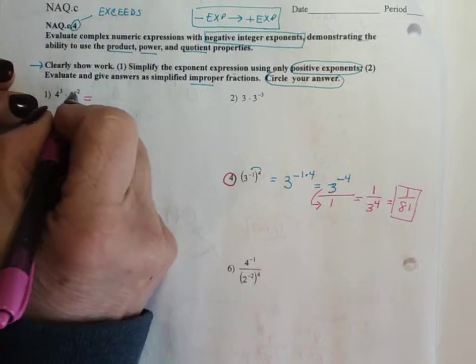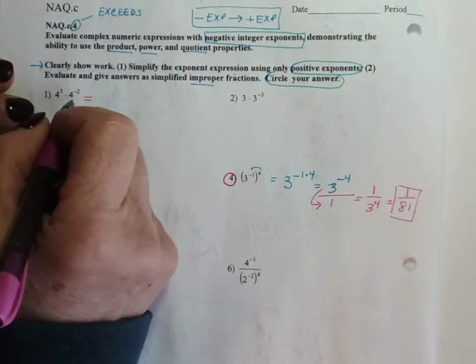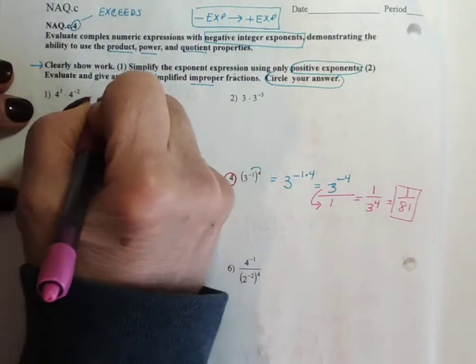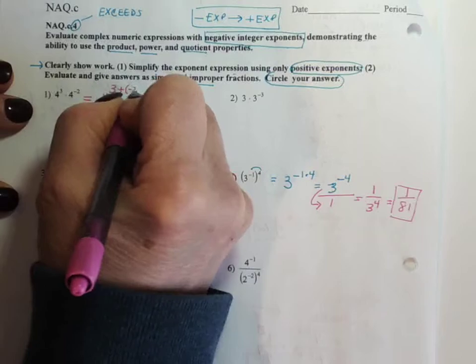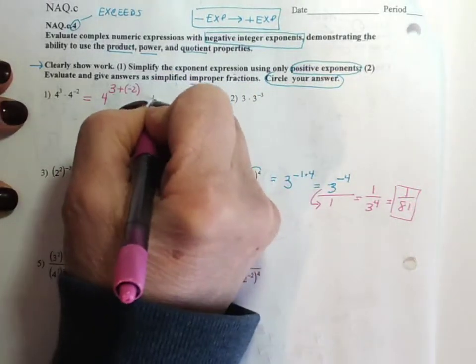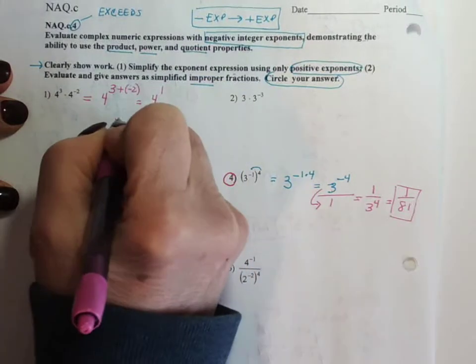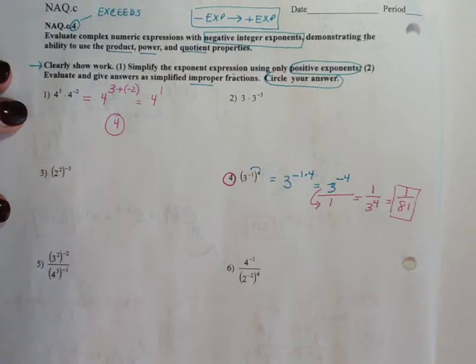So in this case right here, I have a negative exponent, I have a positive exponent. I'm going to use the product rule. I have 4, 3 plus negative 2 is 4 to the first, so that one was really easy. So the answer is simply 4.